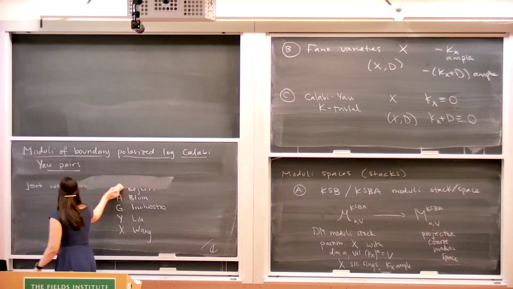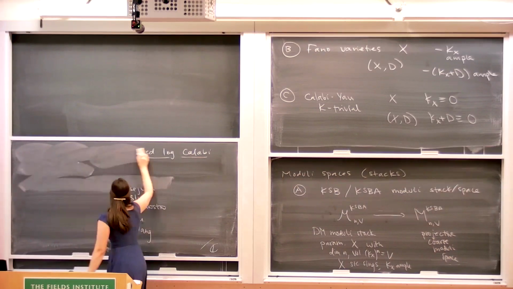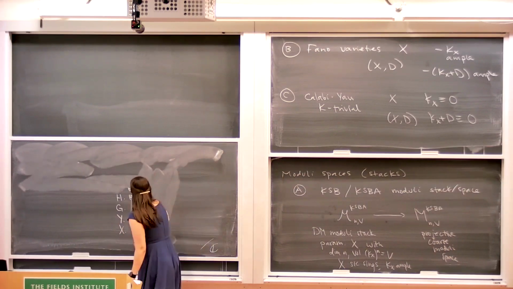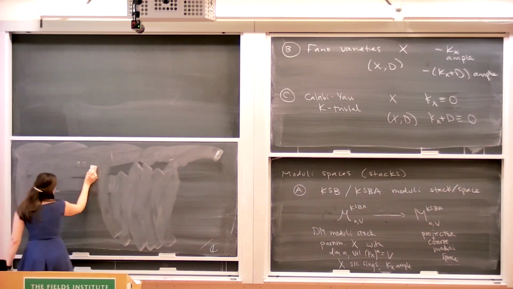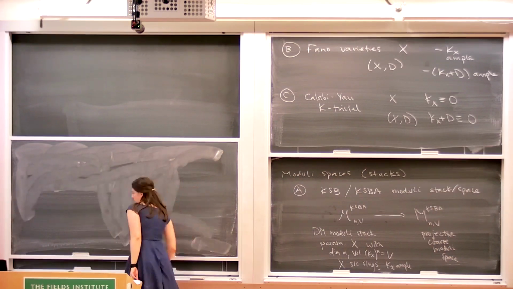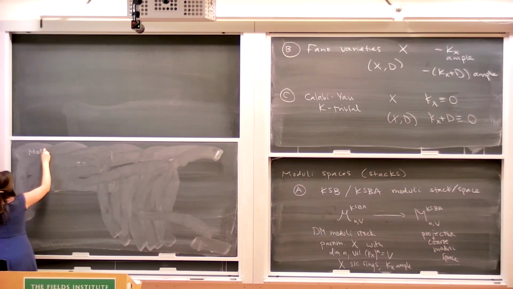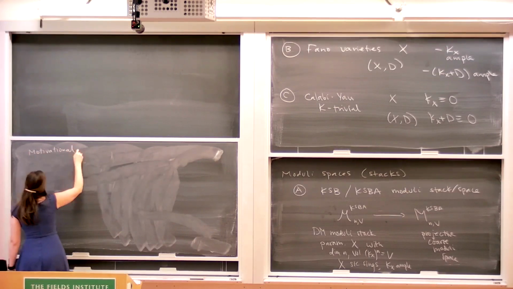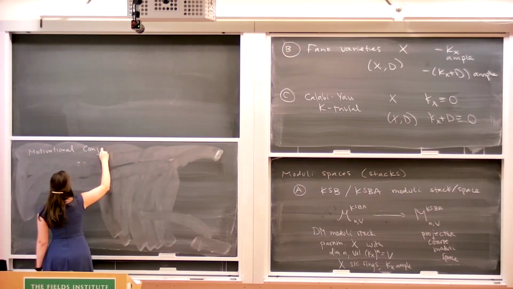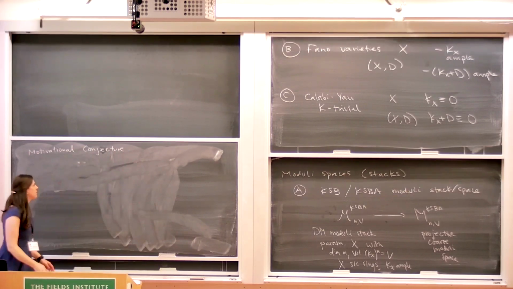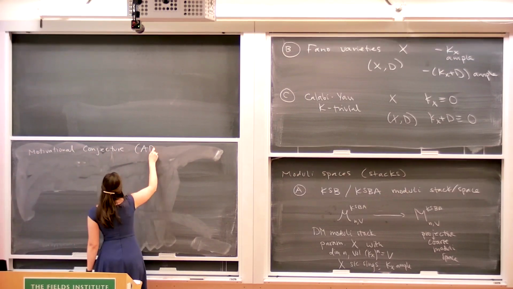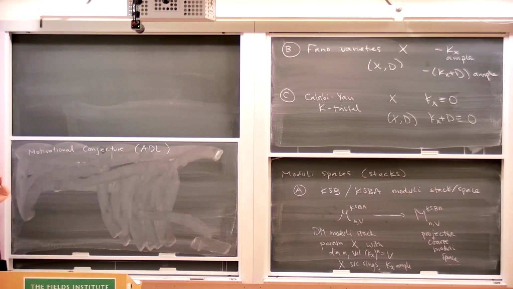This was really the starting point of the project, work of myself and Kenny and Yu-Chen in the case of hypersurfaces in P^n, but in particular curves in P^2. We'll start with that. This is still a motivational conjecture, which does follow from the work that I'm presenting, that was in my paper with Kenny and Yu-Chen: the Calabi-Yau space sits in between the KSBA and the K-moduli space in a precise way.